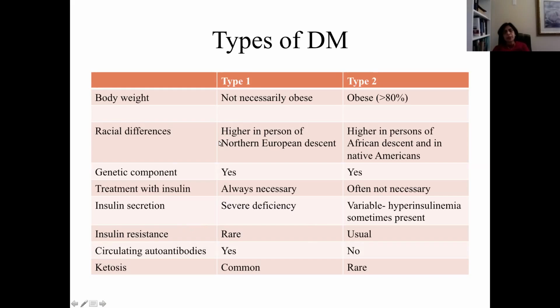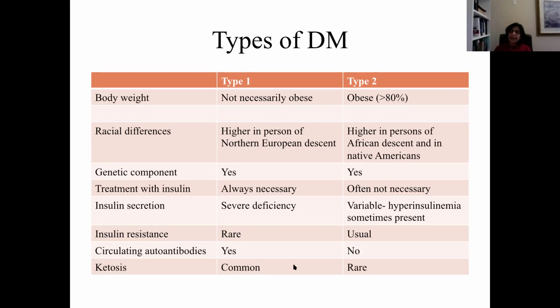In type 1, insulin secretion is an issue. We do not have normal levels of insulin. Whereas in type 2, it could be hyperinsulinemia, too much insulin, and sometimes the levels would be less than normal.